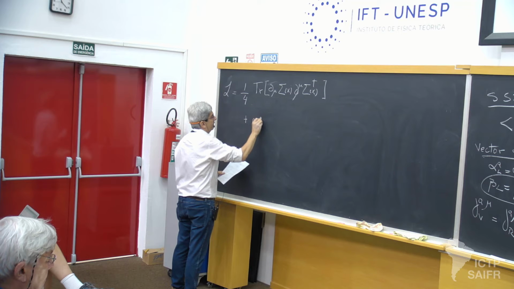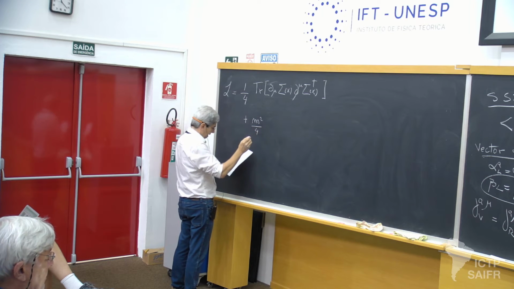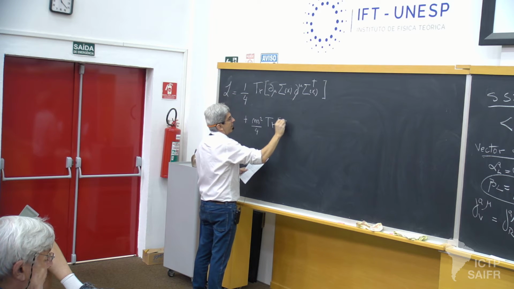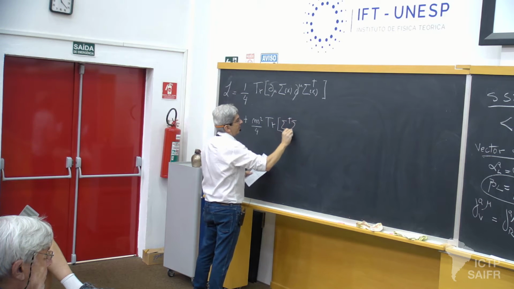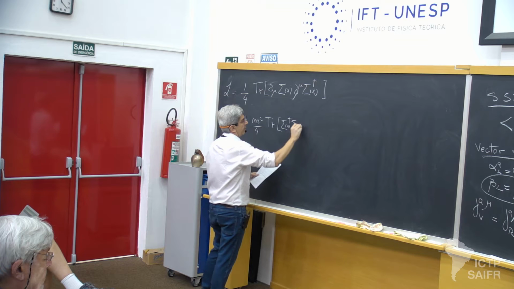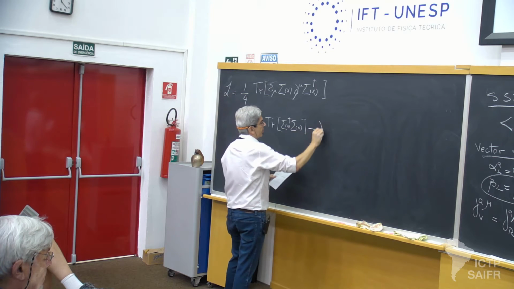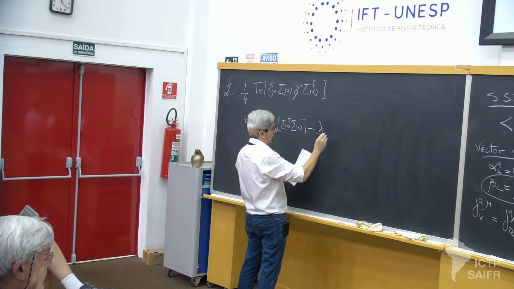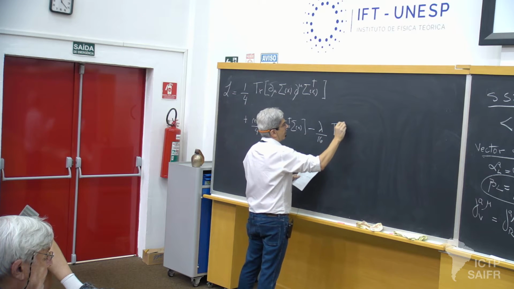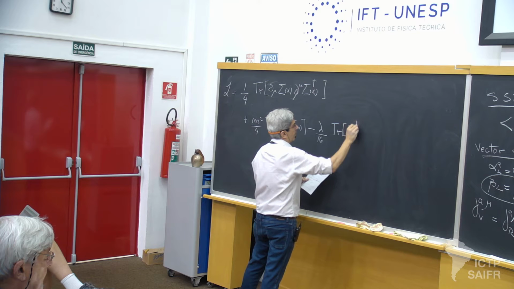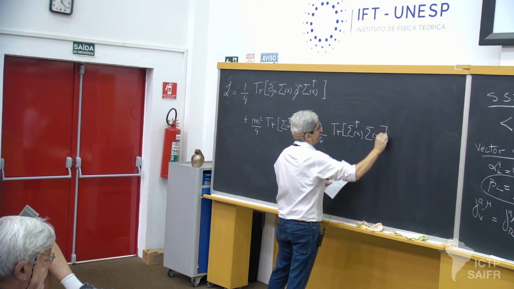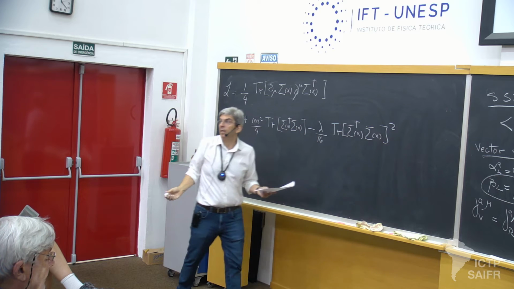So it's a plus here, divided by 4, the trace of sigma dagger sigma, this is the field, minus lambda divided by 16 times the trace of sigma dagger sigma squared. This looks very familiar, right?